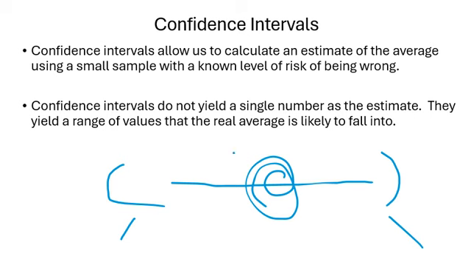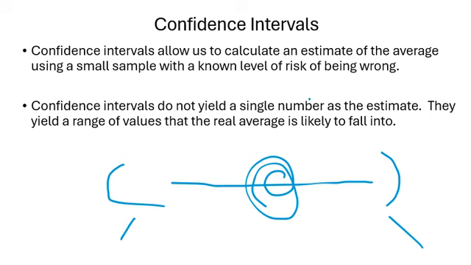The probability of finding the real average between these two, upper and lower, which is your range here, is very high, so we're very confident, let's say about 90%, 95%, 99%, that the true average is going to be in between these two limits. So that's what the confidence level is about.